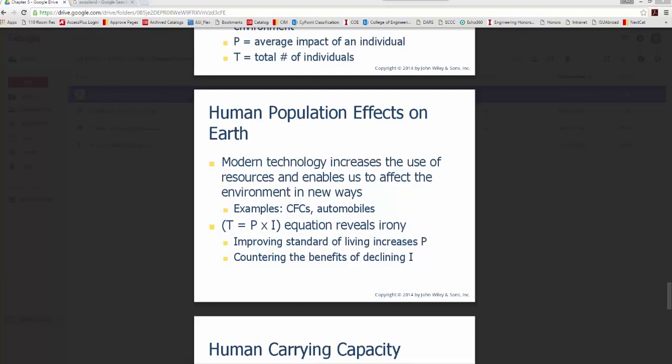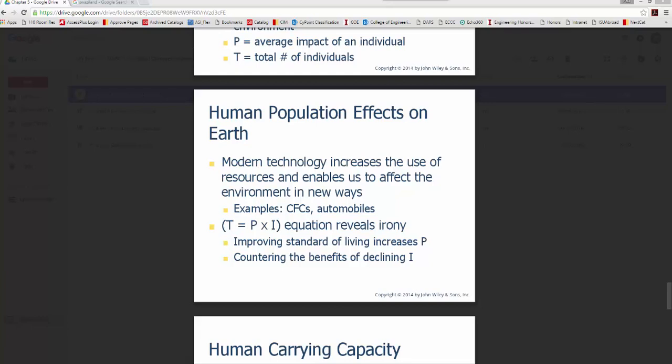And so we were putting out all of these CFCs into the atmosphere, which was breaking up ozone, which is 3 atoms of oxygen, breaking them off into diatomic oxygen, O2, and a single atom of oxygen. And so then we were letting in more ultraviolet radiation, which was creating issues like skin cancer, skin disease back in the 70s, 80s, and 90s.